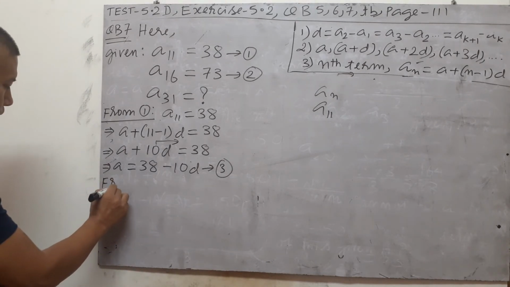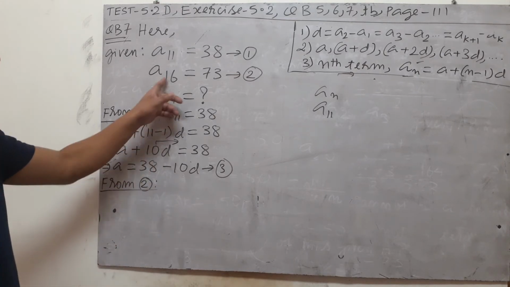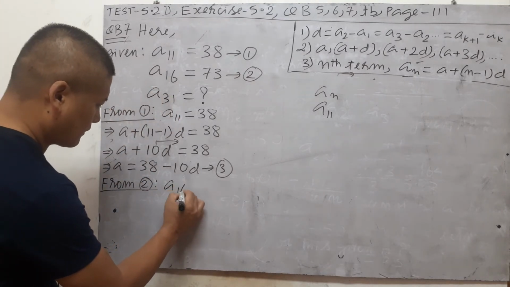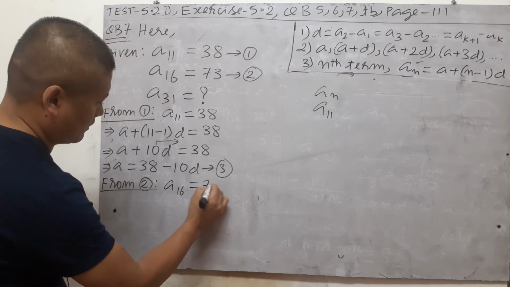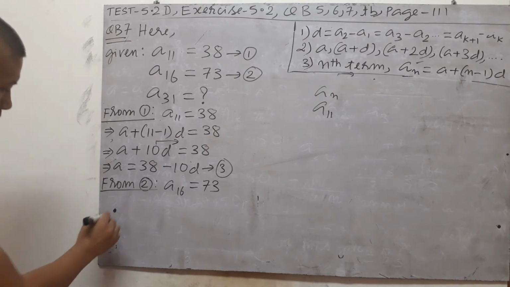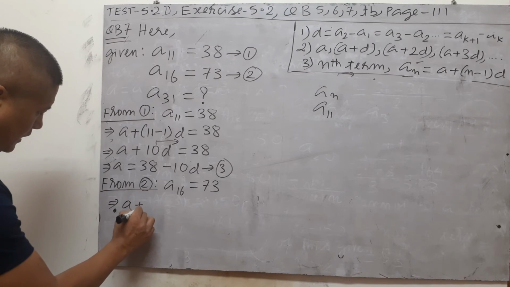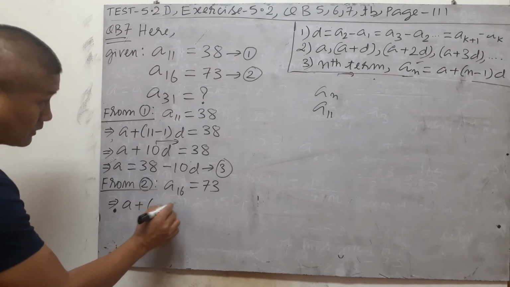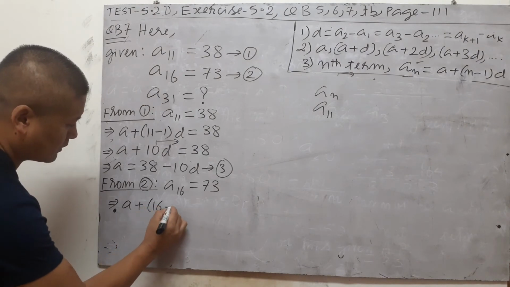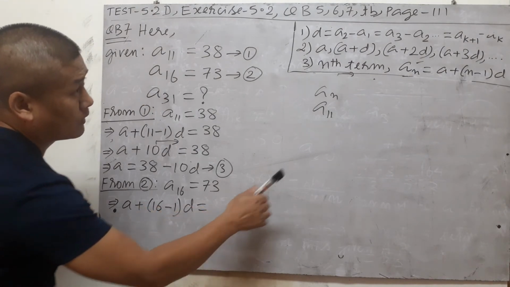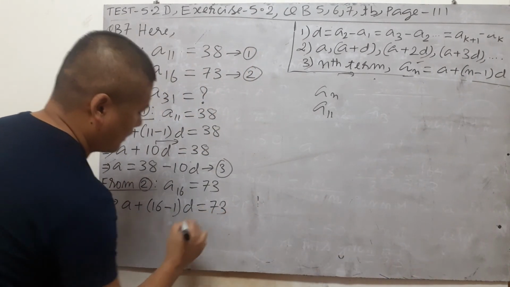Then similarly, we can take from equation number 2, this one, A16 is equal to 73, which gives you A plus n minus 1 into D. So here the specific n in this case is 16, so 16 minus 1 into D, A plus n minus 1 into D equal to 73.